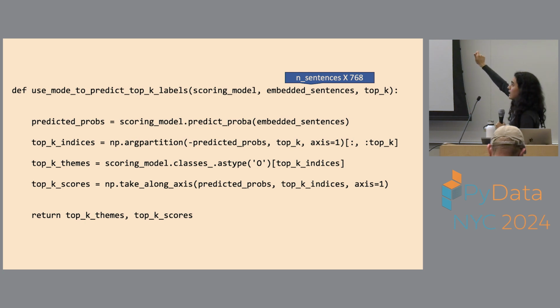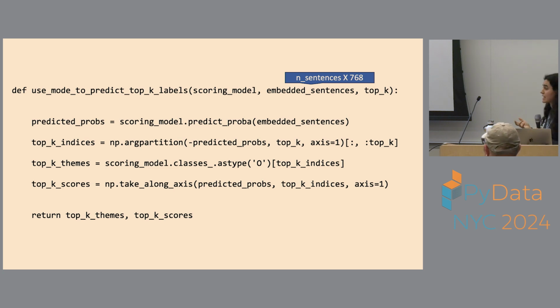And so that's what this top K is in this function. And so we talked in the previous step about the embedded sentences now being in matrix form, being n sentences by 768. Our scoring model is that logistic regression model that we've been talking about. And so we're doing this all in one go in NumPy.